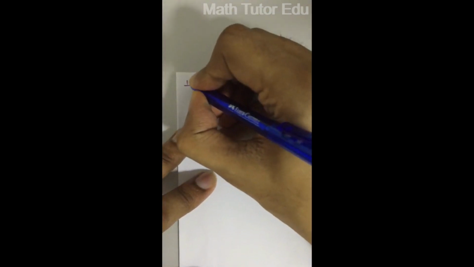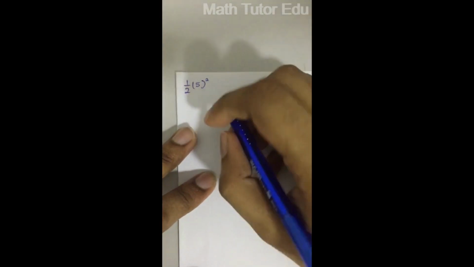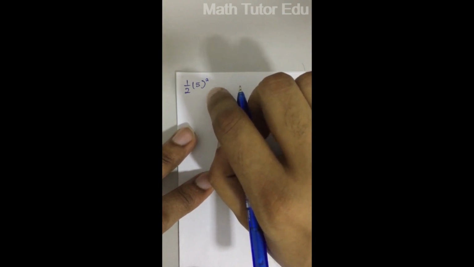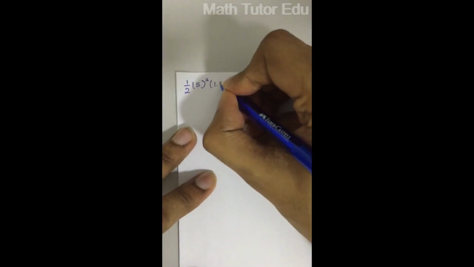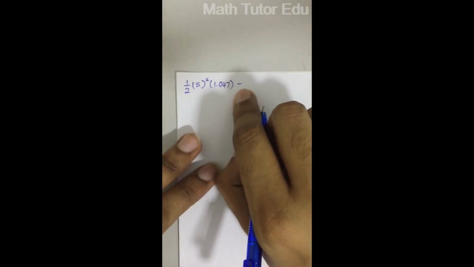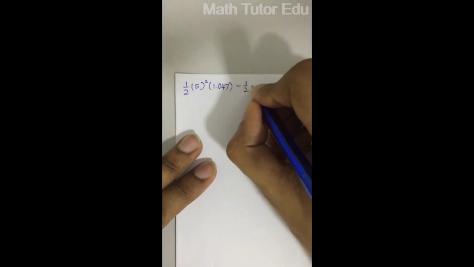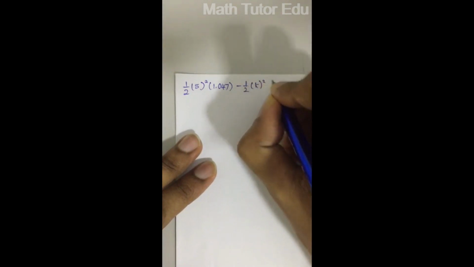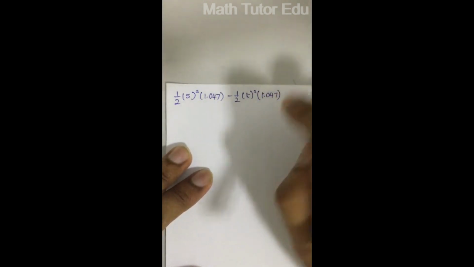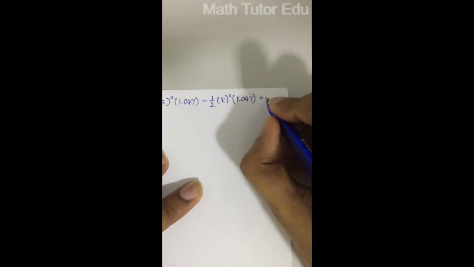So from here half times with 5 square, times with the angle 1.047, minus with the smaller radius, in this case 1/2 times with k square times with 1.047. Okay, calculate this, you should get 8.376 centimeter square.